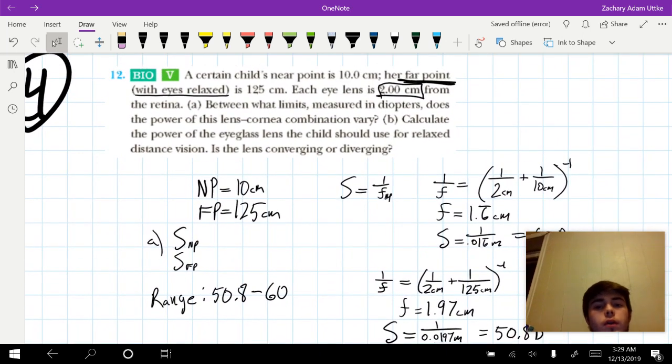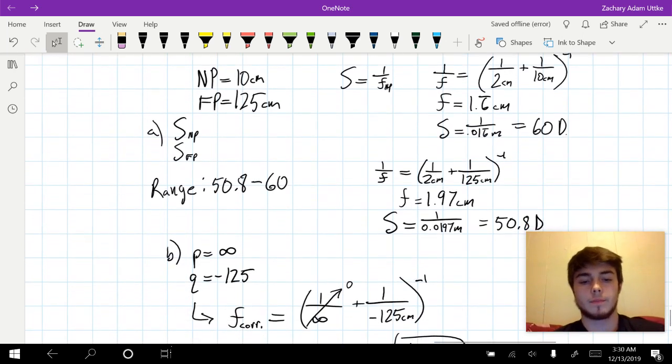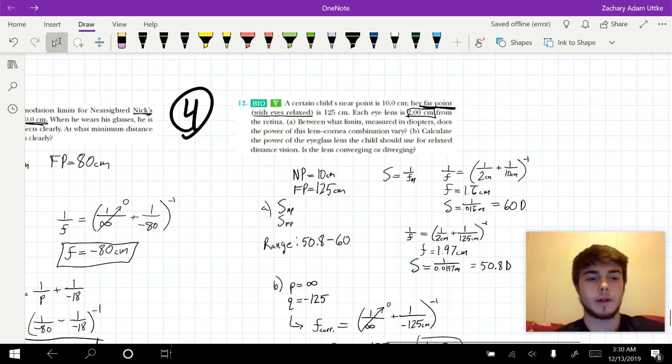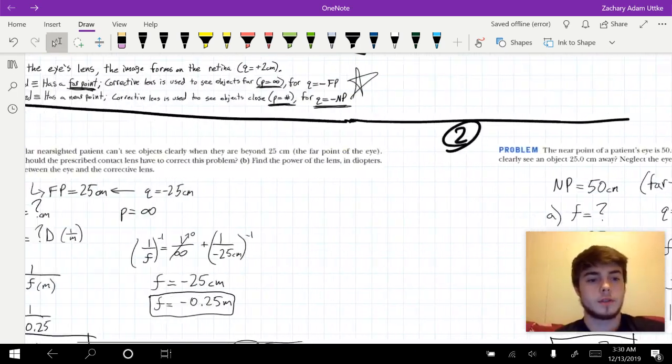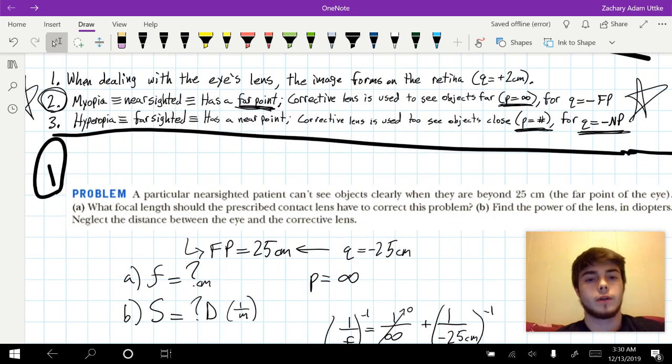So we're calculating the power of the corrective lens the child should use for relaxed distance vision. So this is helping her see far away. So if you were to need help seeing far away, it means you're nearsighted. So that means you have myopia, right? So going back here, if you have myopia, you're nearsighted.